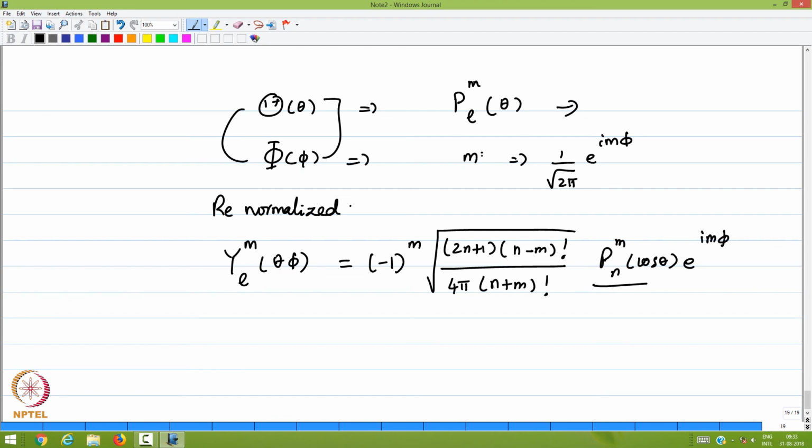So, here is the theta part, here is the phi part, and I have used n instead of L. Let me write this consistently using L. It is 2L plus 1, and this will be L minus m, and this will also be L.